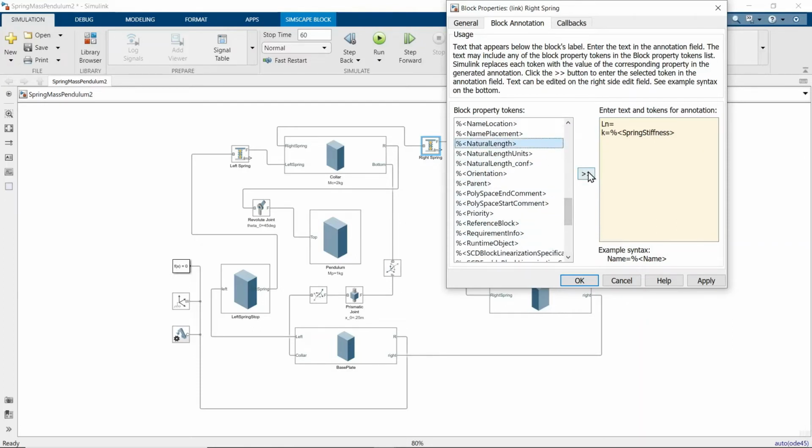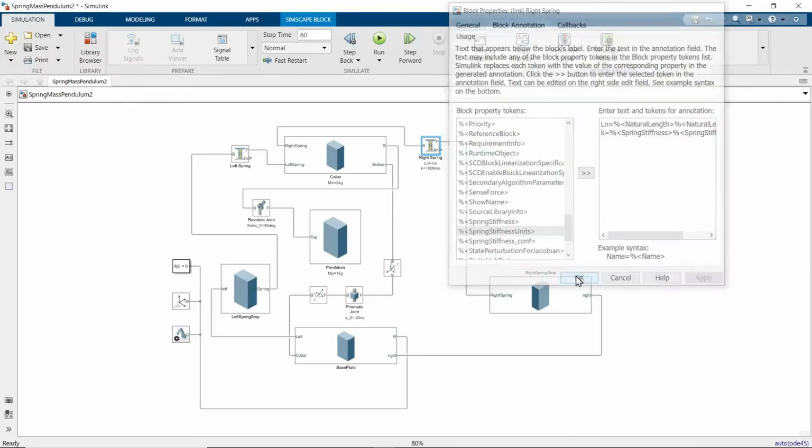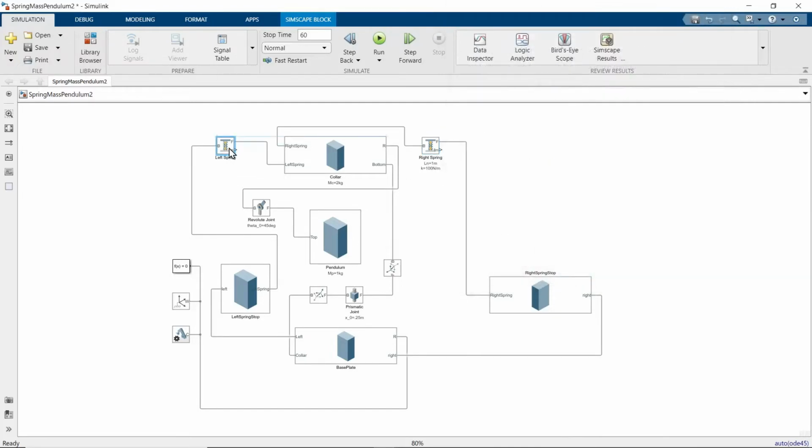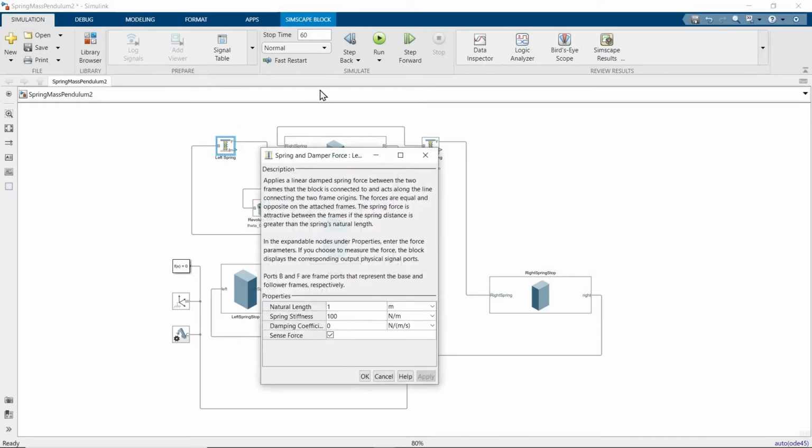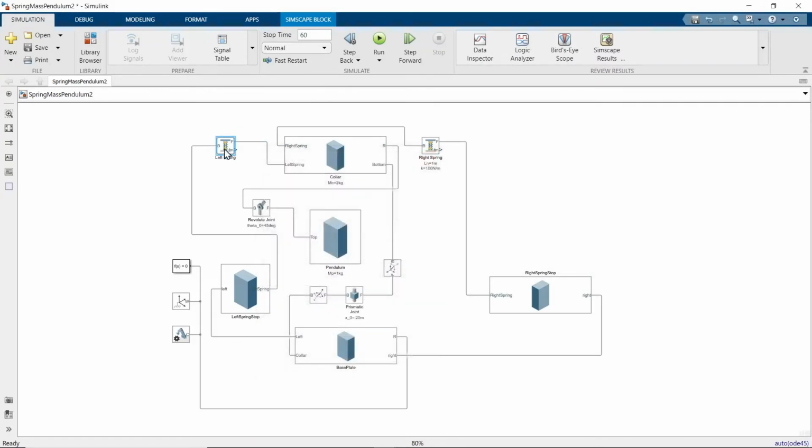And let's add spring stiffness units too, in newtons per meter. Apply, okay. And we know that this is a copy of the other spring, but let's just put it here anyway.